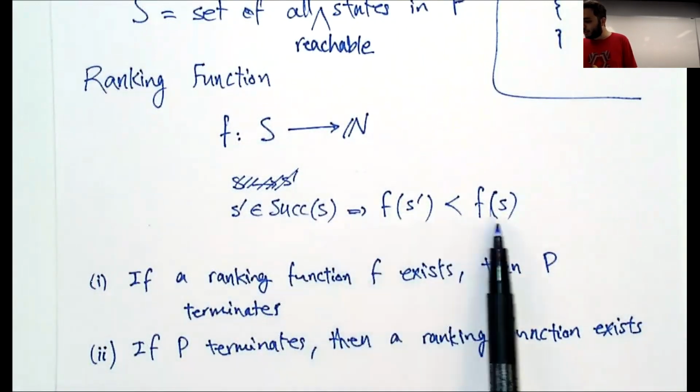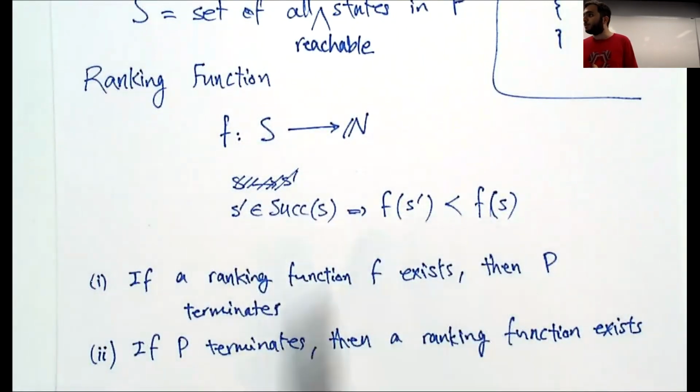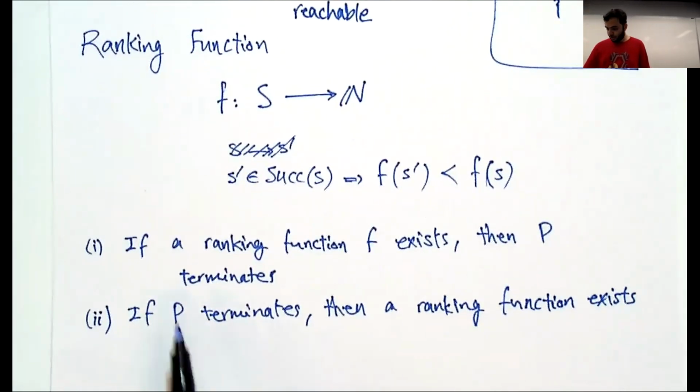And it also decreases whenever we execute one step of the program. The first part holds trivially. But now I want you to prove that if P terminates, then a ranking function exists. So any ideas?